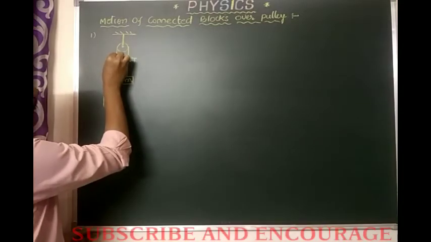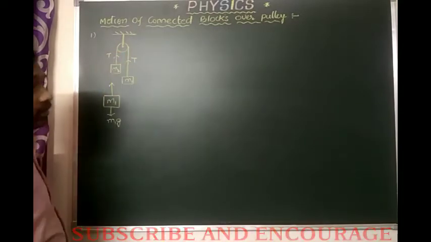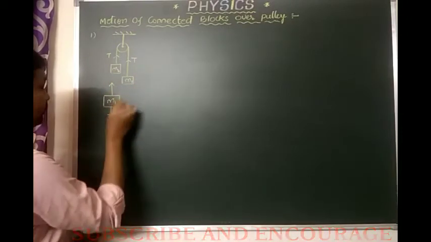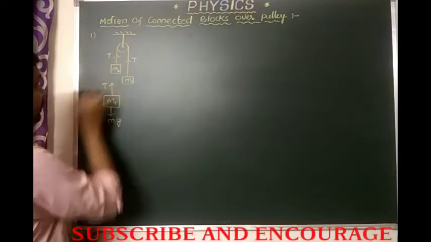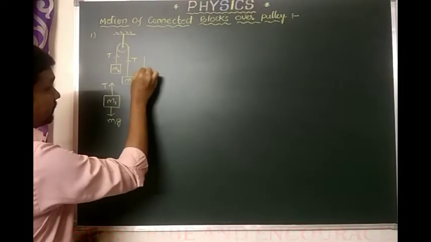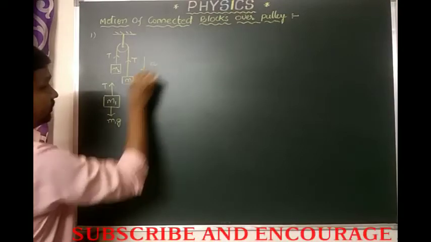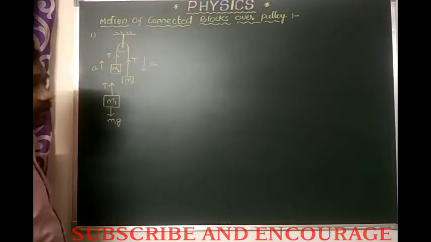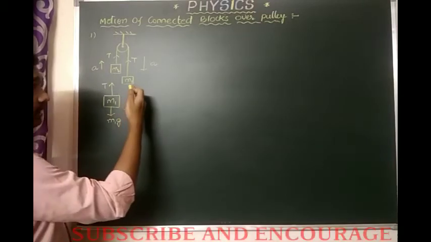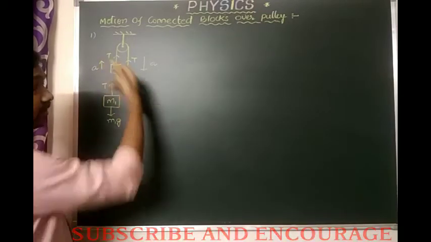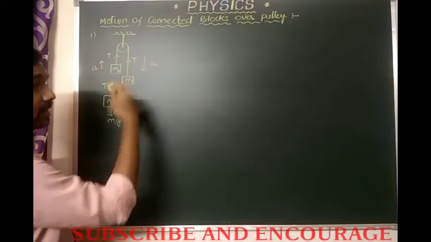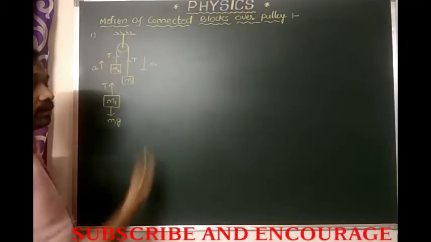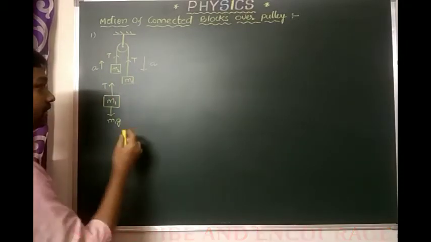Here also tension will be upward, and the weight of the body acts downward. Let this block move down and this one move up. The m1 body has more mass so it comes down, and the m2 body has less mass so it moves up when released.